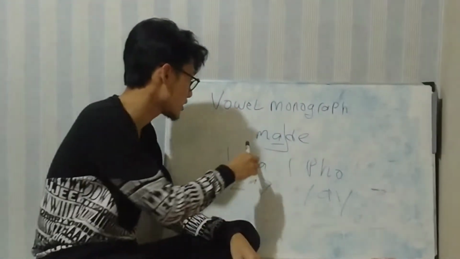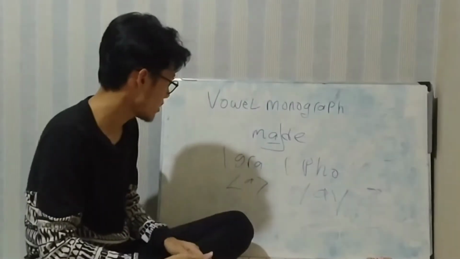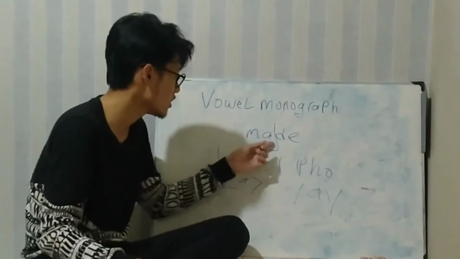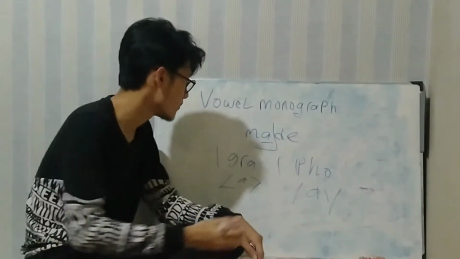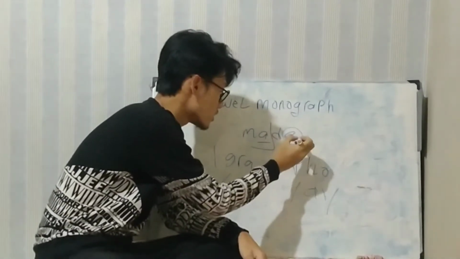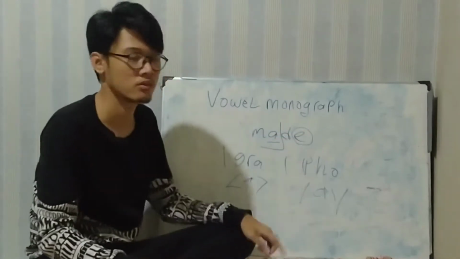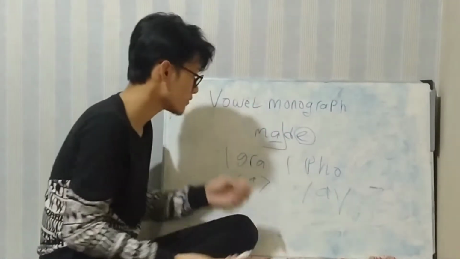The word like mate. Let me give you straight to the example, mate. As we know, we find an a in the middle of the word. We pronounce it as a vowel, but why don't we put it down as well? Because we don't pronounce it. We just pronounce mate, not made.